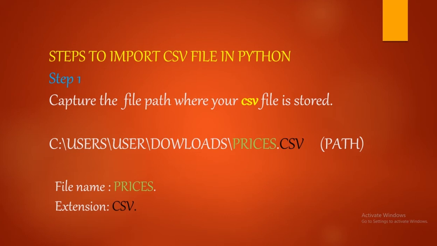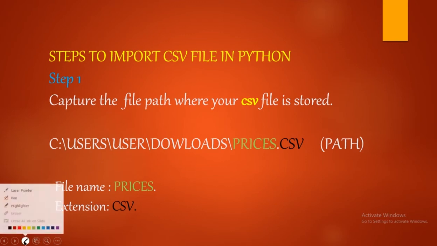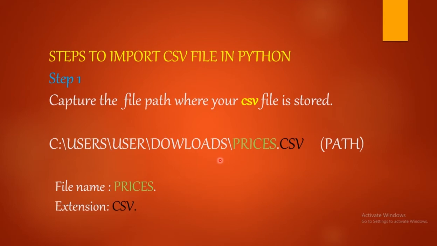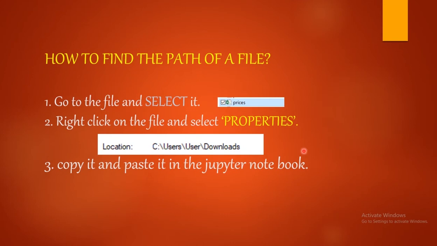For example, here you can see user downloads is my path, and prices is the name of the file. This is the file name and this is the extension. CSV is the extension. So first you have to go to that particular location and trace the path of the file.